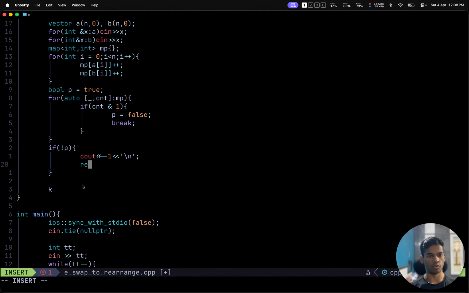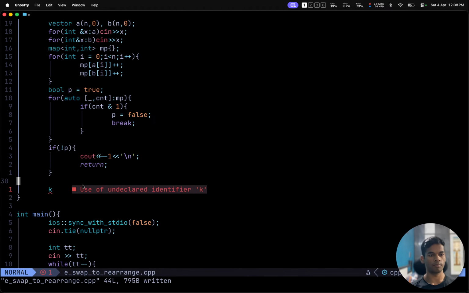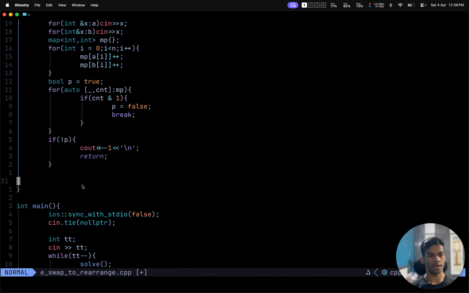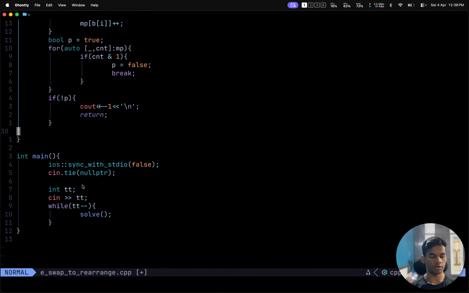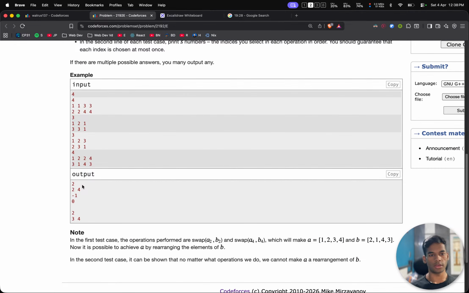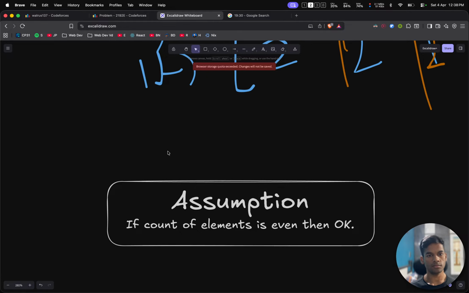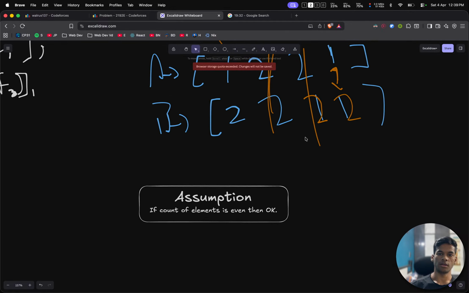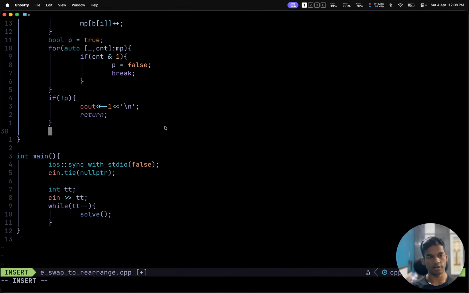And also return. We don't have to explicitly write else because we do return inside this if. Else, we are assuming that in case of else, the answer is there. We now need to find out the right answer.